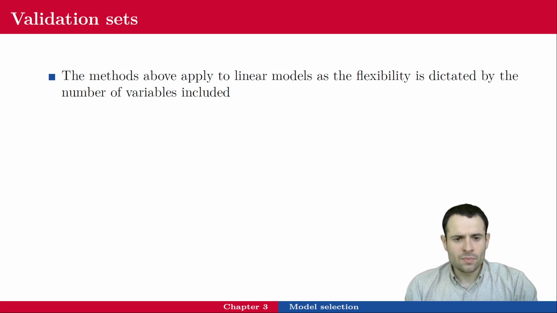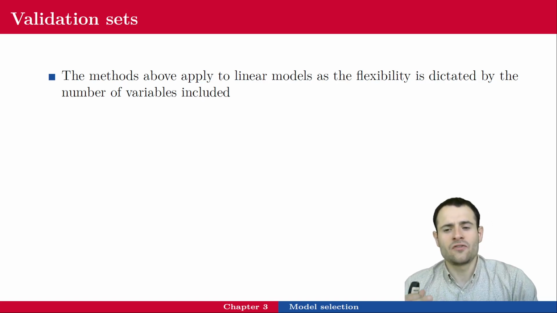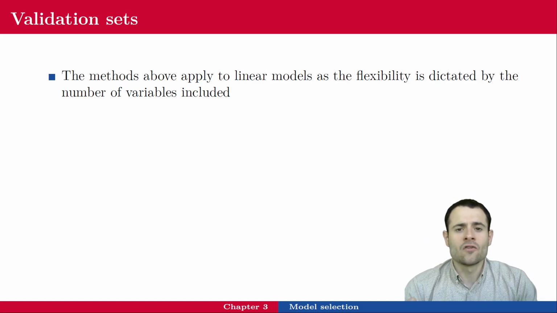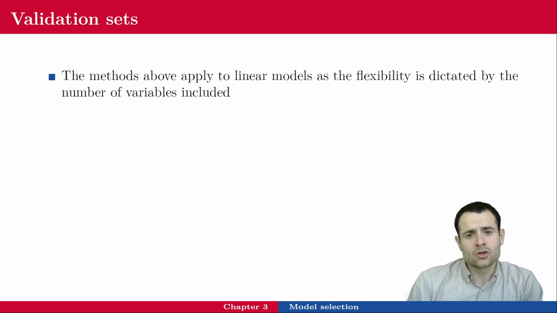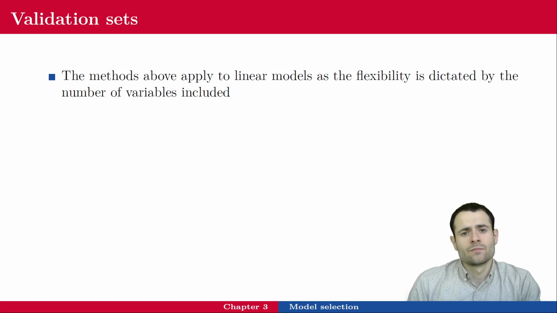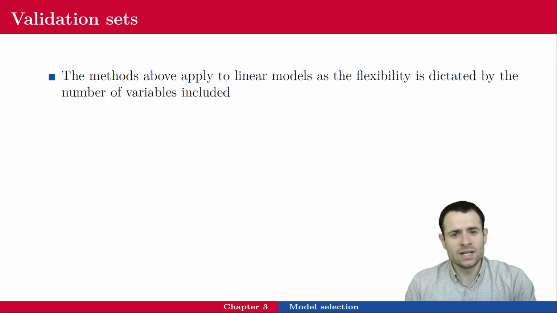So the methods above apply to linear models because the flexibility of a linear model is dictated by the number of variables included, 3 versus 4 versus 5. That's what flexibility means when you look at a linear model.